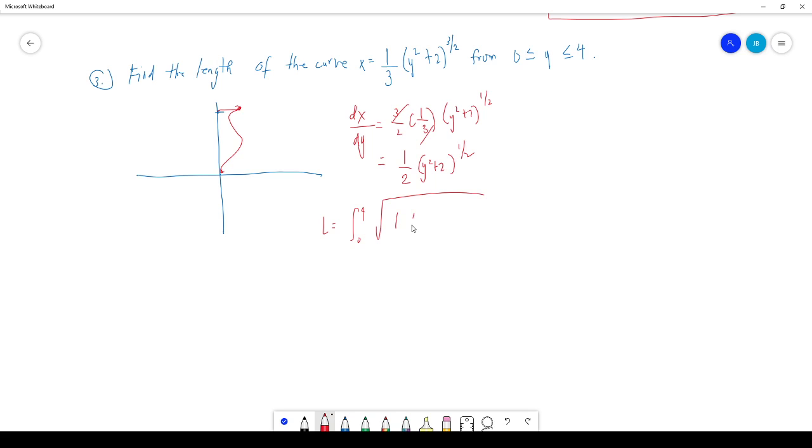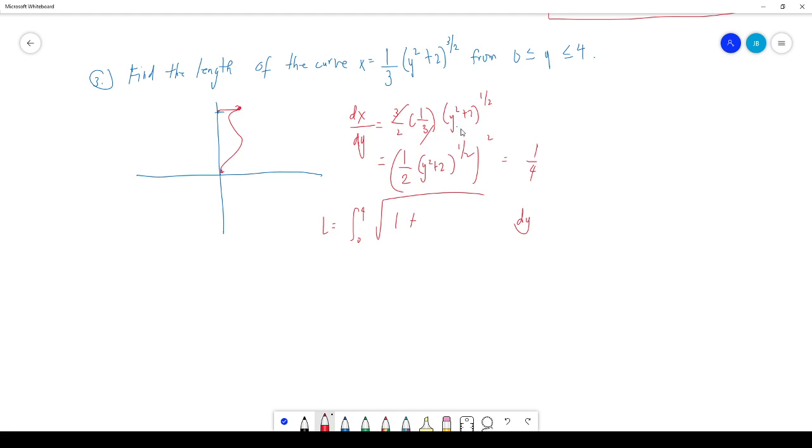and the square root of 1 plus dx over dy squared. So, what is our dx over dy? That's 1 half. So can we square this one na lang to substitute directly here? So, if you square this one, that's 1/4. Am I correct? Okay, so the differentiation is wrong.